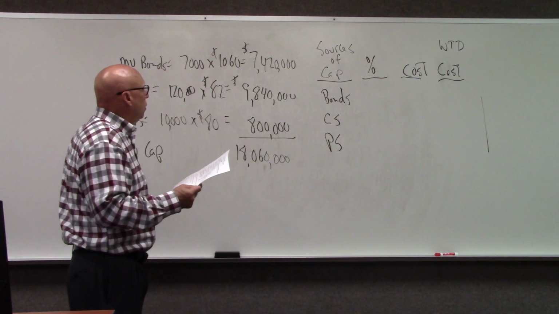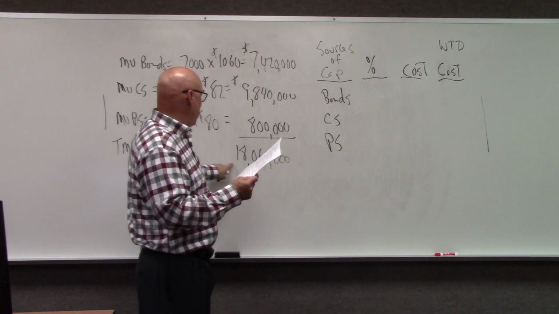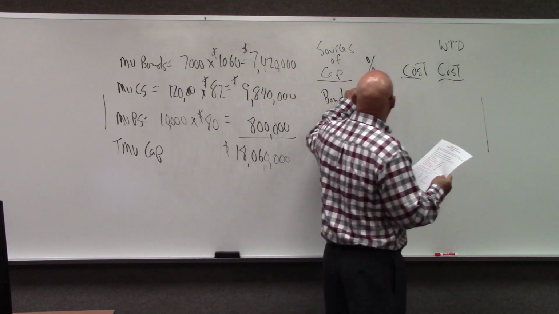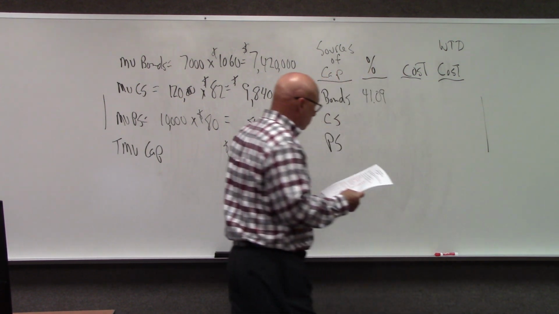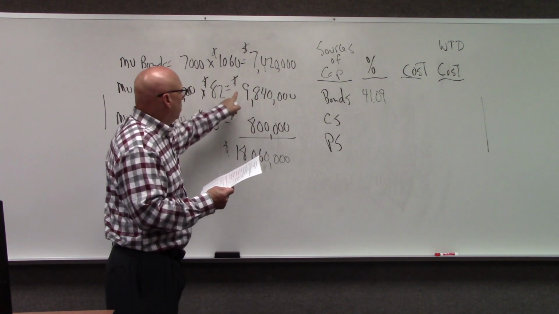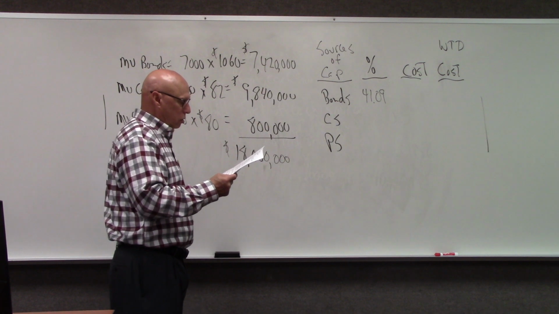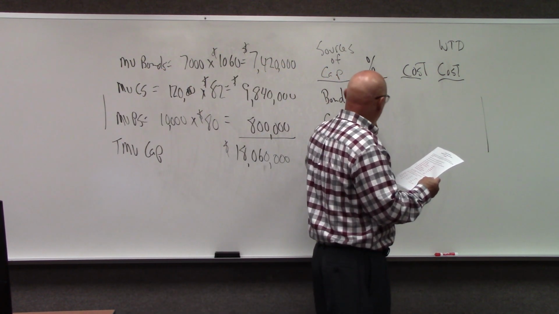Now we're going to divide 7,420,000 into 18,060,000, and we have 41.09%. Then we divide the 9,840,000 into the 18,060,000, and we have 54.5%.